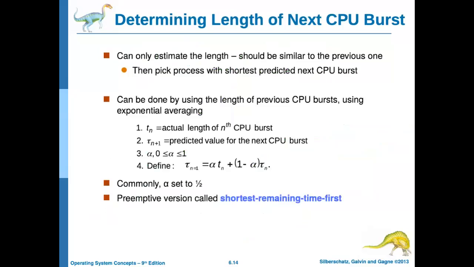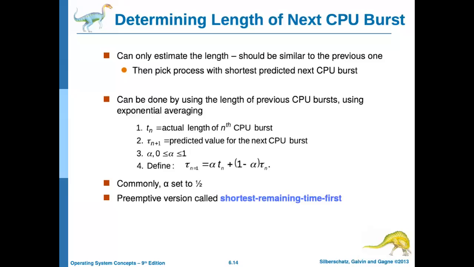Now we'll discuss how to determine the length of the next CPU burst. This is one of the possible solutions they have mentioned, which is just an approximation or estimation of the next CPU burst, considering the previous one. There is a small assumption which is not necessarily true. Most of the time it is true, but maybe there are some exceptional cases also.